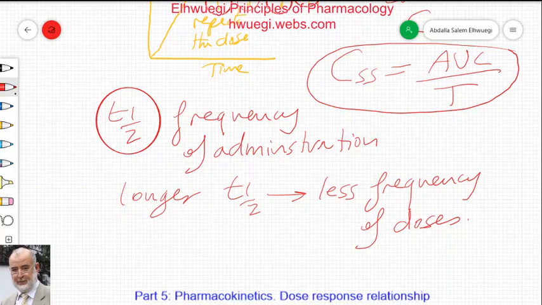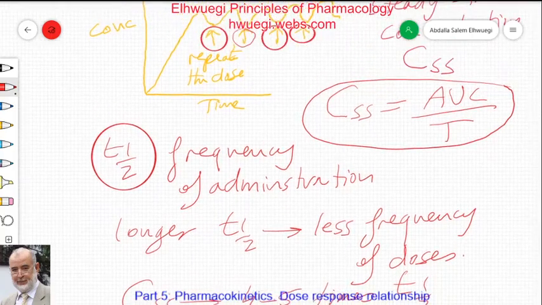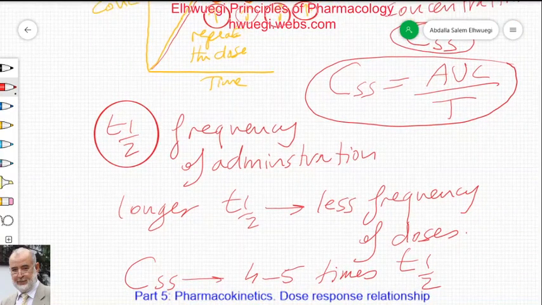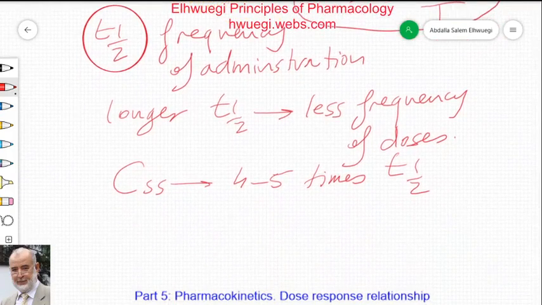Okay. Usually to reach steady state concentration in the plasma, it needs about 4 to 5 times T-half. Okay? So once I take the drug, to reach a steady state concentration needs from 4 to 5 times T-half.